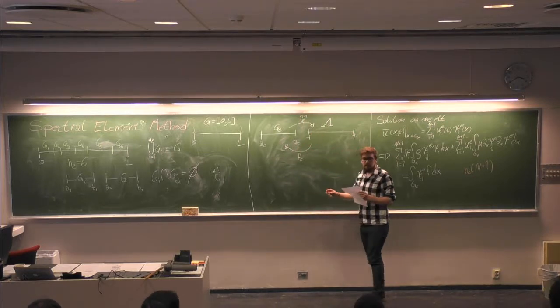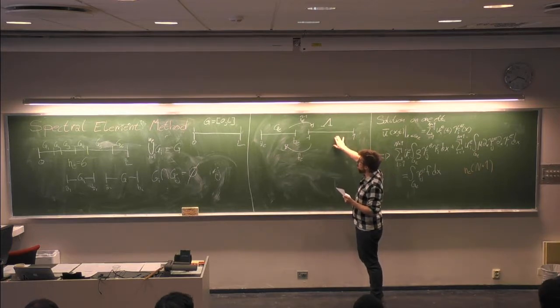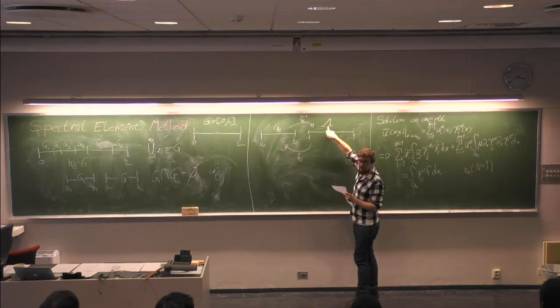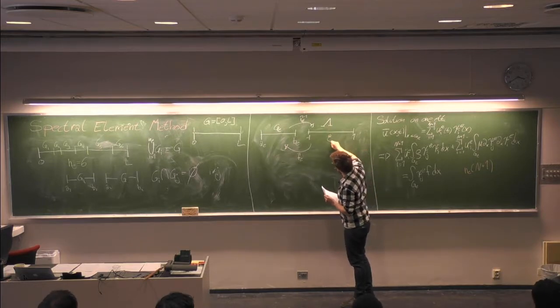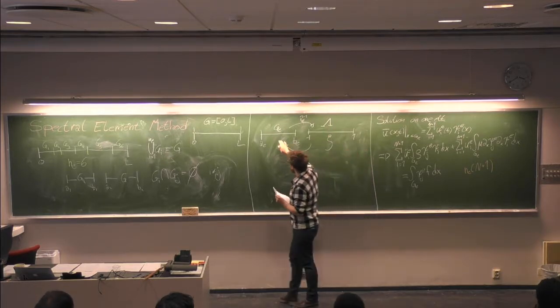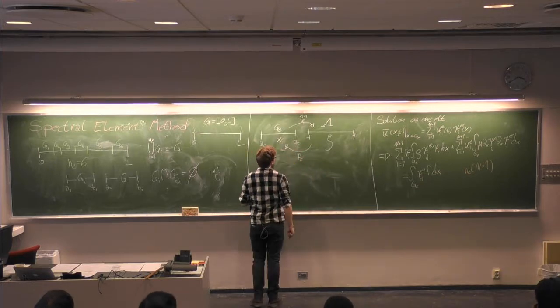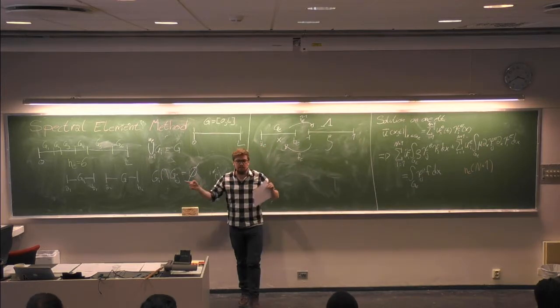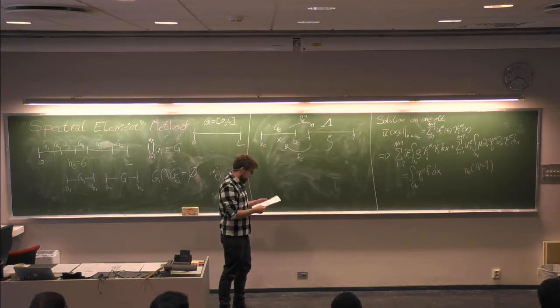And to separate these better, we say that on the reference element we have xi, and on Omega^e we have the regular space x. And this xi is just a linear stretching of x.